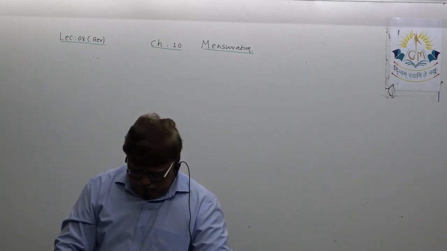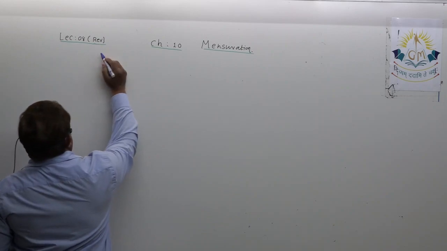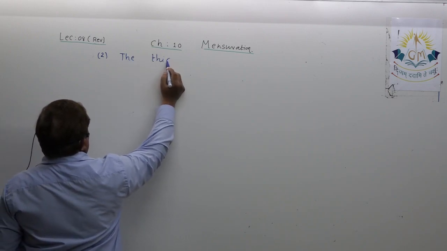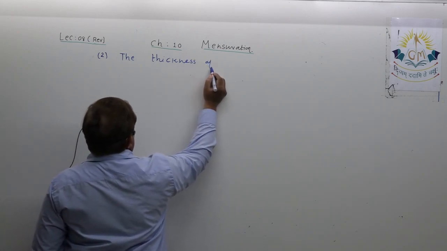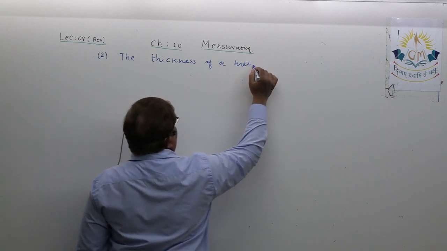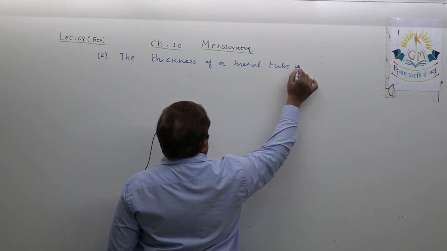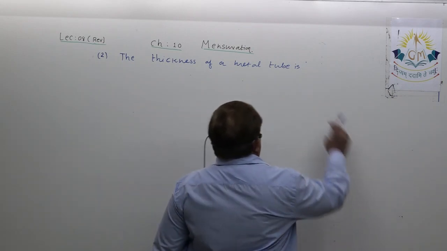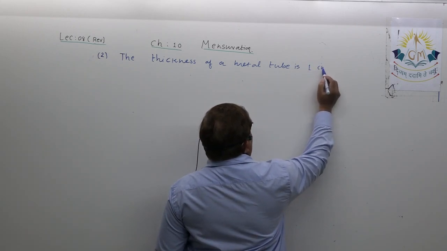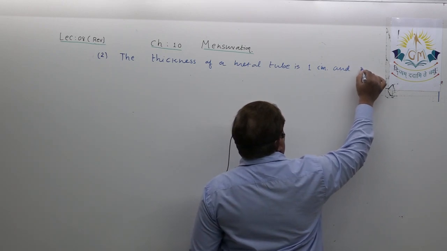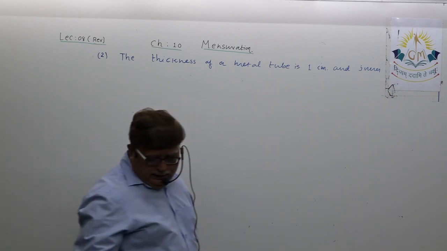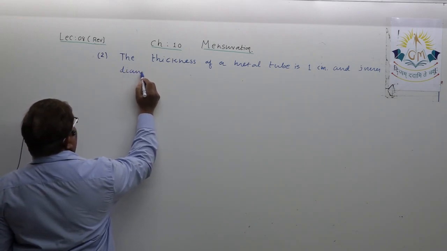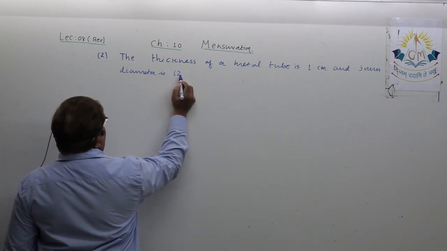The second one, just write down: the thickness of a metal tube is 1 centimeter and inner diameter is 12 centimeter.